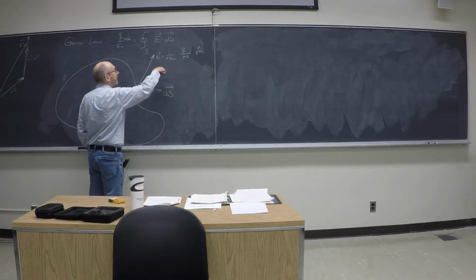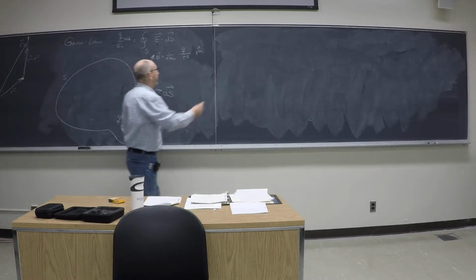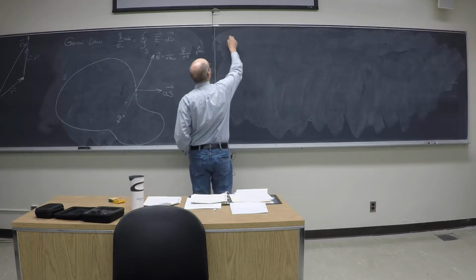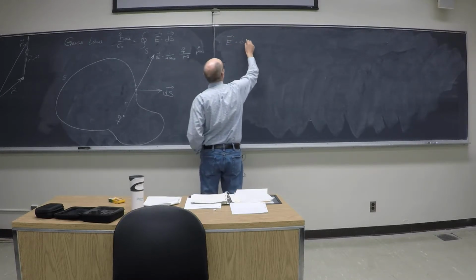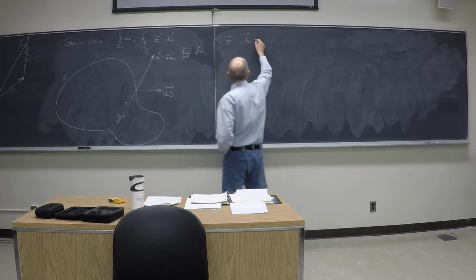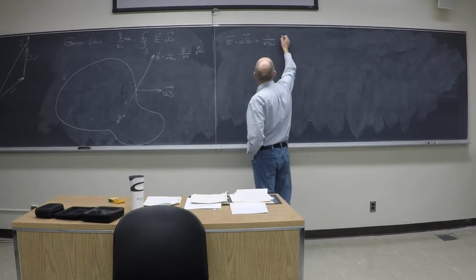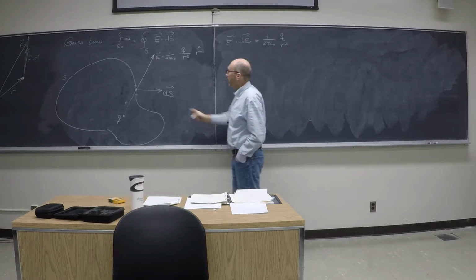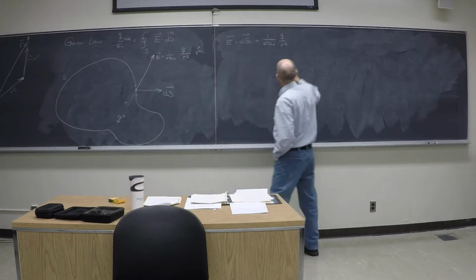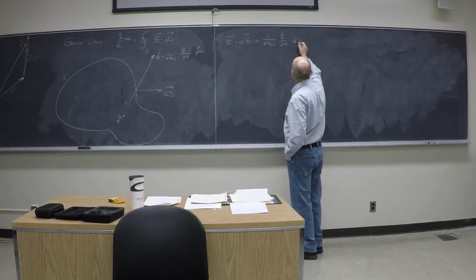When we multiply these two things together, we are going to get 1 over 4 pi epsilon 0 times Q over r squared times the area.